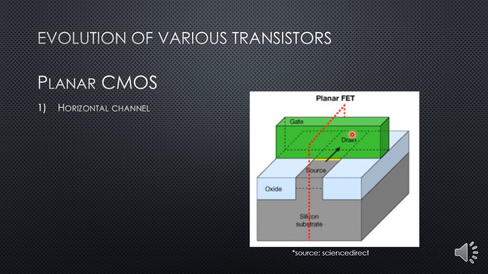So I'm saying that it is a horizontal channel here. The planar CMOS has a horizontal channel. Horizontal channel in the sense that the source and drain are at the same level and the gate is above that.